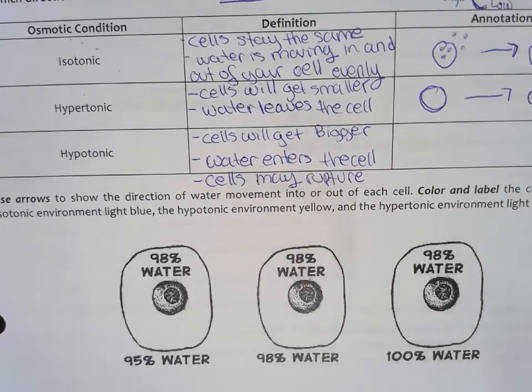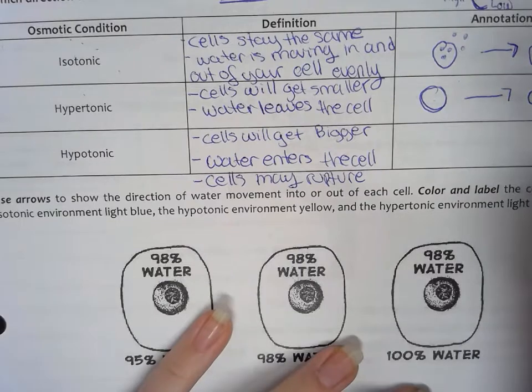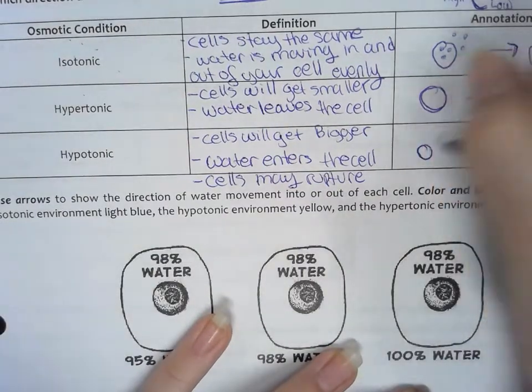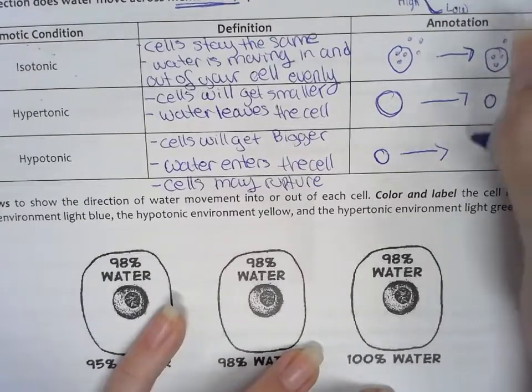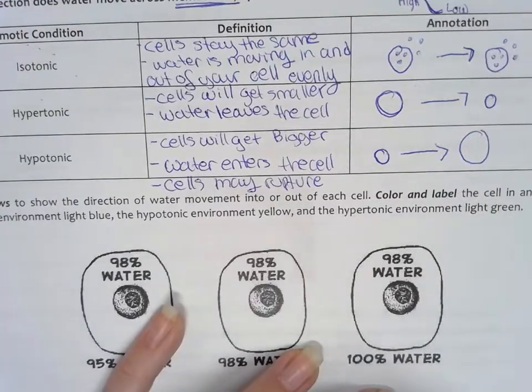So this is how a cell can die, if you have too much water in them. So this is how people drown, right? They have too much water in their cells, can't handle it anymore, so they explode and they no longer work. So how we're going to annotate that is we start with a normal cell. It's put in a hypotonic environment, so it gets bigger.